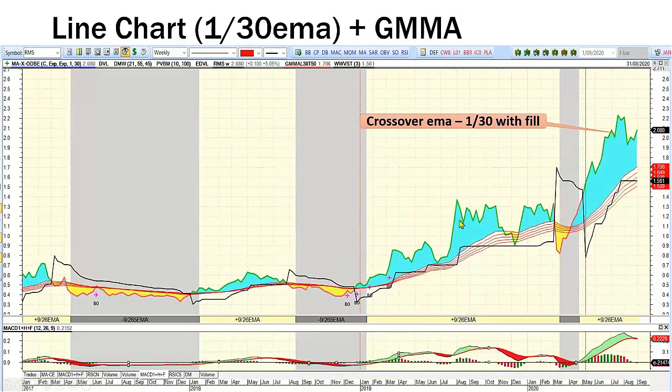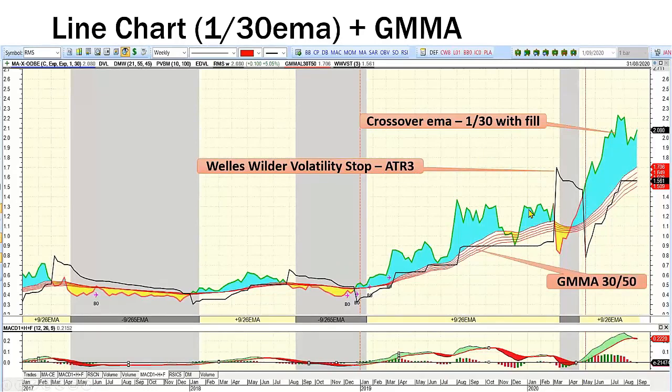So the next one is the line charts, basic line charts, and I still actually use these from time to time. This is what I use, a 130 EMA with fill. Once again, the Welles Wilder volatility stop, ATR3, and the Guppy multiple moving average 30 to 50.